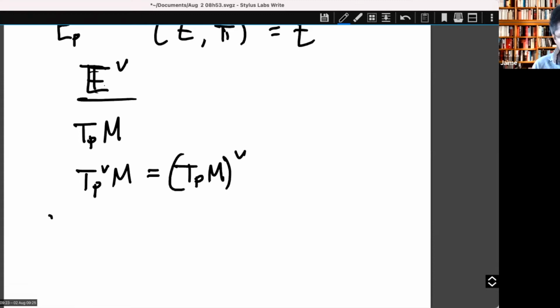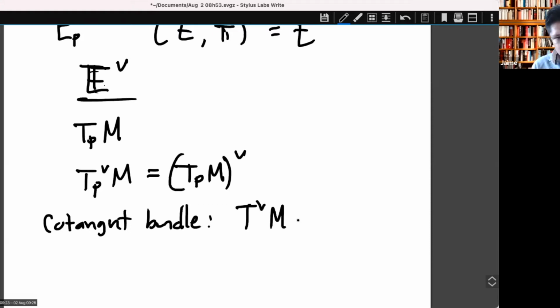And so the cotangent bundle is nothing but taking, again, the union of this one here, right?